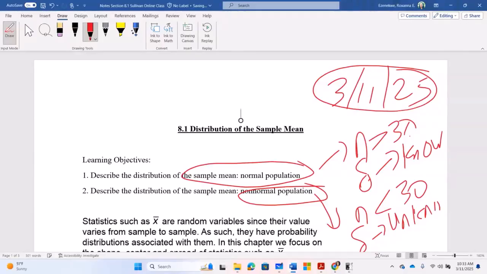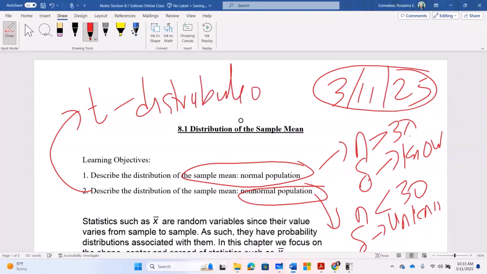So if the sample size is less than 30 and the population standard deviation is not known, we say it's a non-normal population. And if it's a non-normal population, we shall use the T distribution. If it is a normal population, then we shall use the Z distribution.